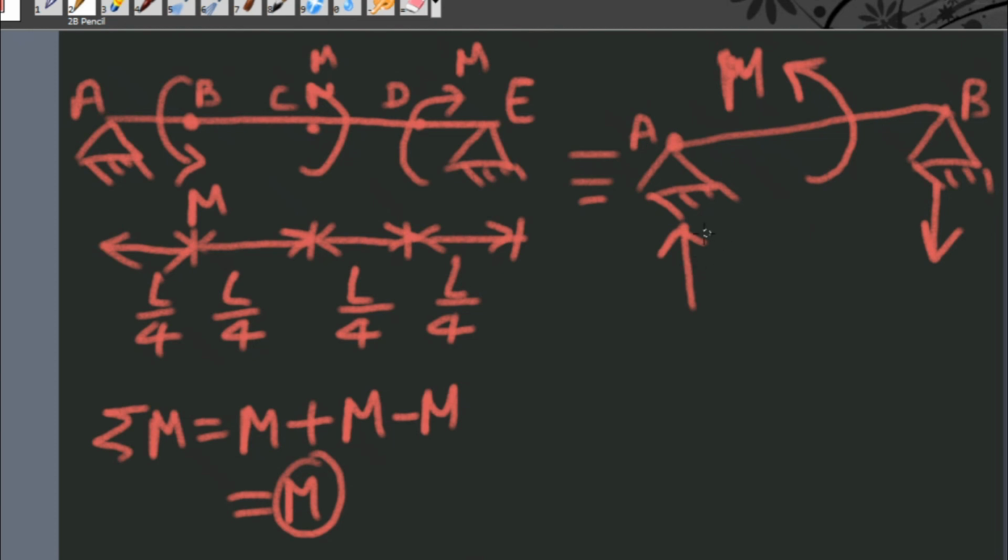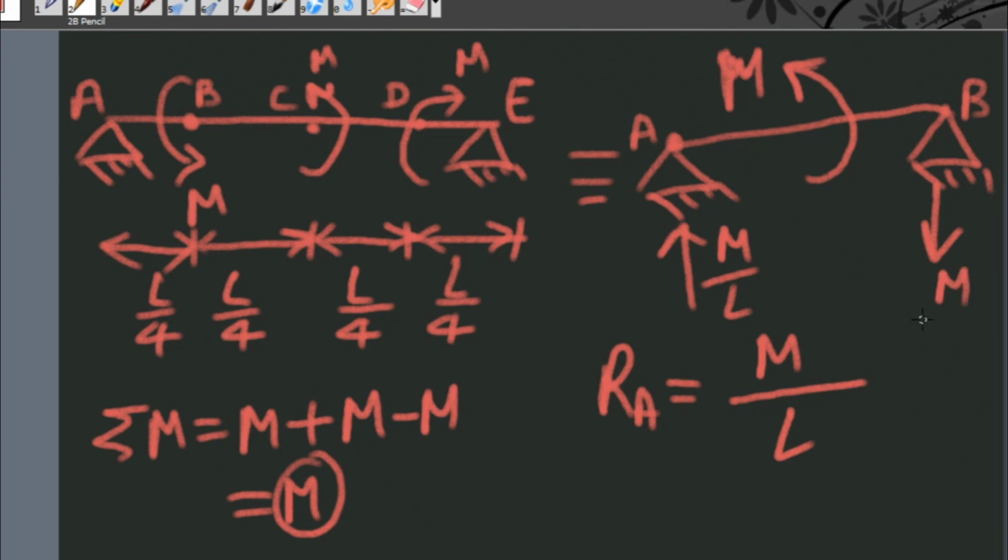Now we are going to find the value of the reaction at the points A and B. Reaction at A is given by the moment divided by the length of the span. That's it. So this reaction force will be equal to M by L, and the other will also be M by L.